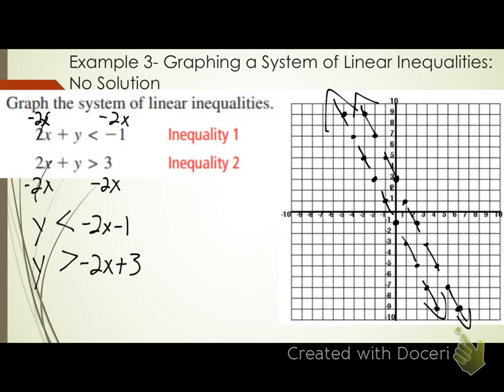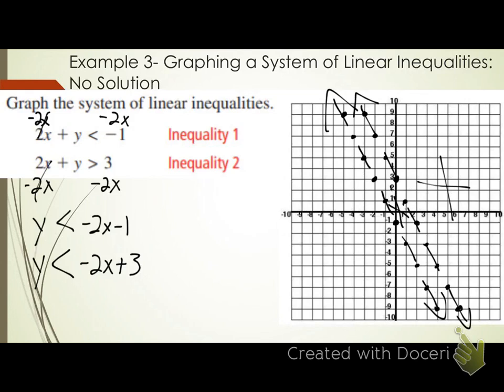All right, let's say both my inequality symbols were less than. Y is less than negative 2x minus 1. I'd be shading above or below? Below this line. So I wouldn't shade anything above it. This one right here, y is less than negative 2x plus 3.